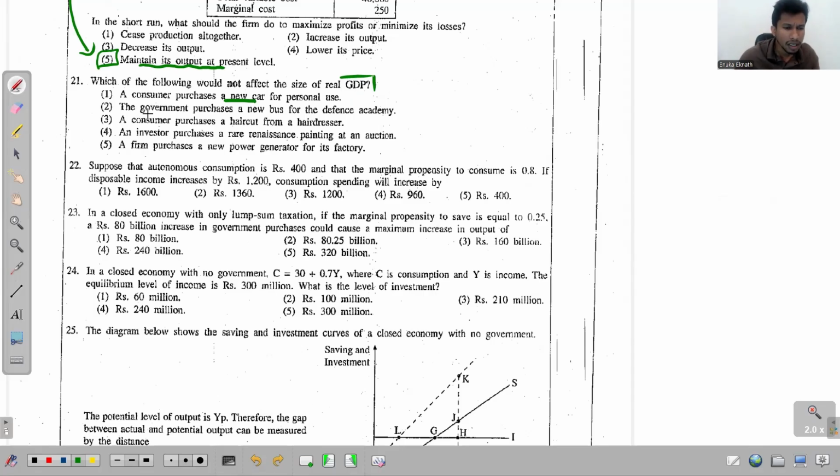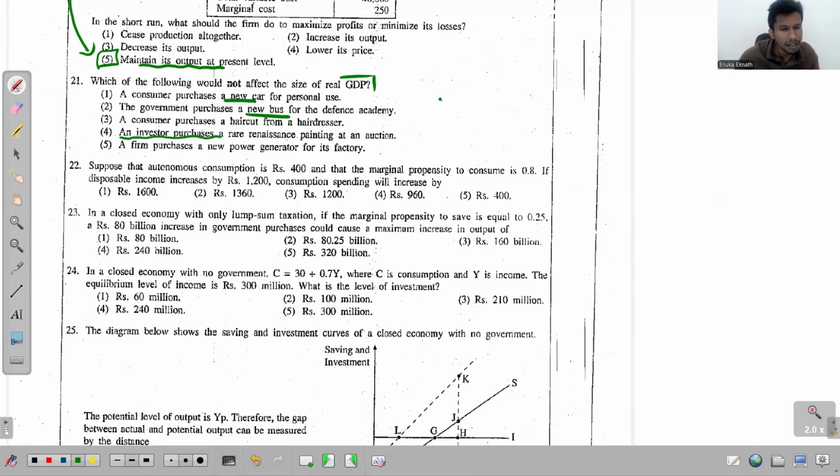The second one, the government purchases a new bus, that is a value addition in the economy, and it will increase GDP. Third one, a consumer purchases a haircut from a hairdresser. Once again, this is a service, so it's a value addition. So when that happens, GDP will increase.